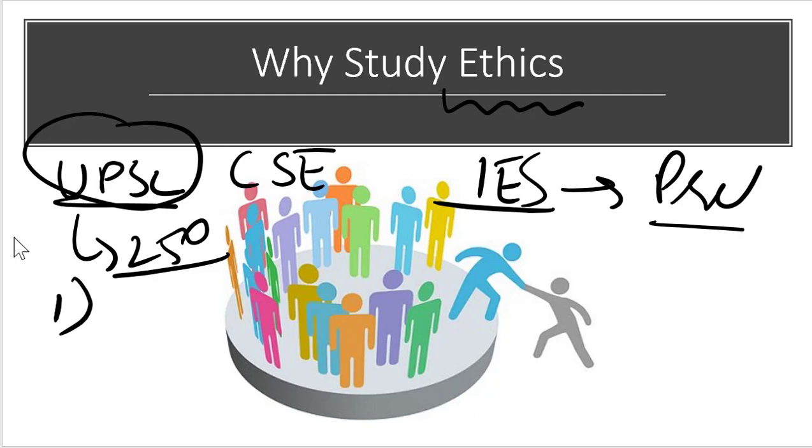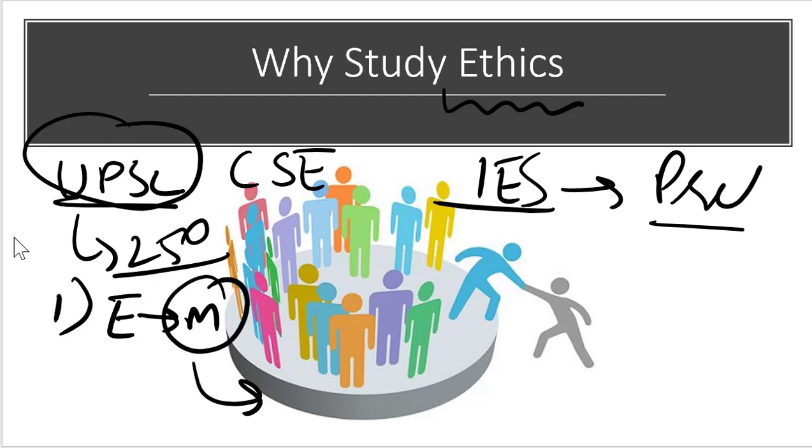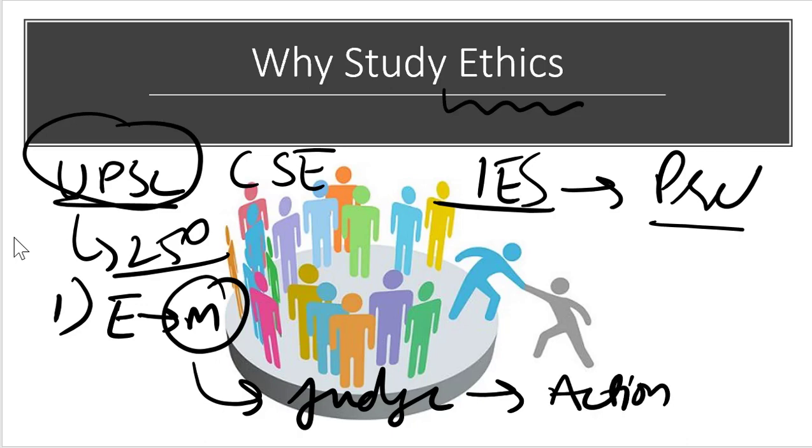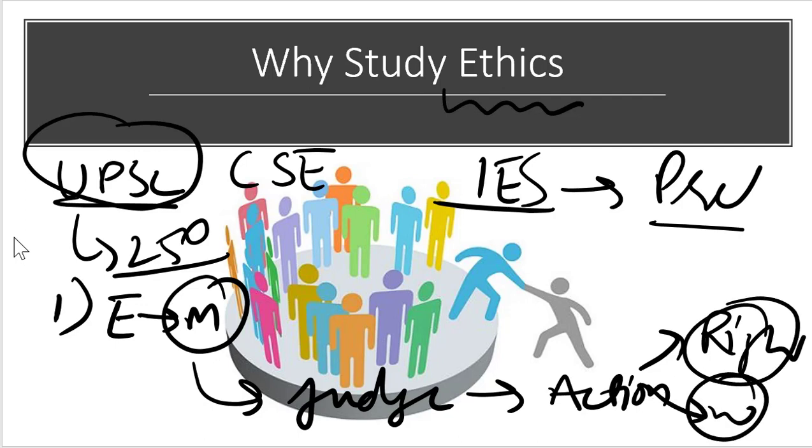Number one is better understanding of morality. If you study ethics, you will be able to understand morality, because morality is nothing but the moral judgment of your actions. So it may be the rightness of your action or the wrongness of your action. When we make this judgment, it means we are seeing your action from a moral standpoint.